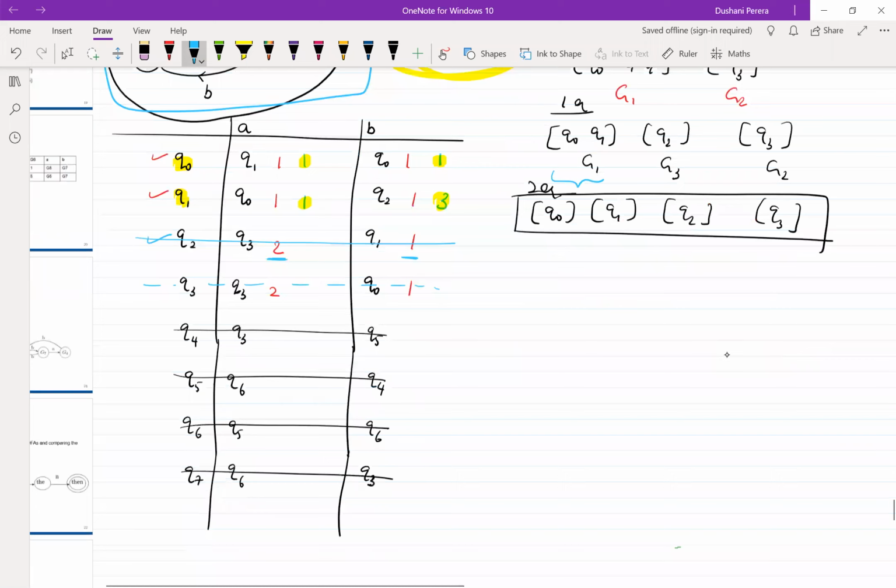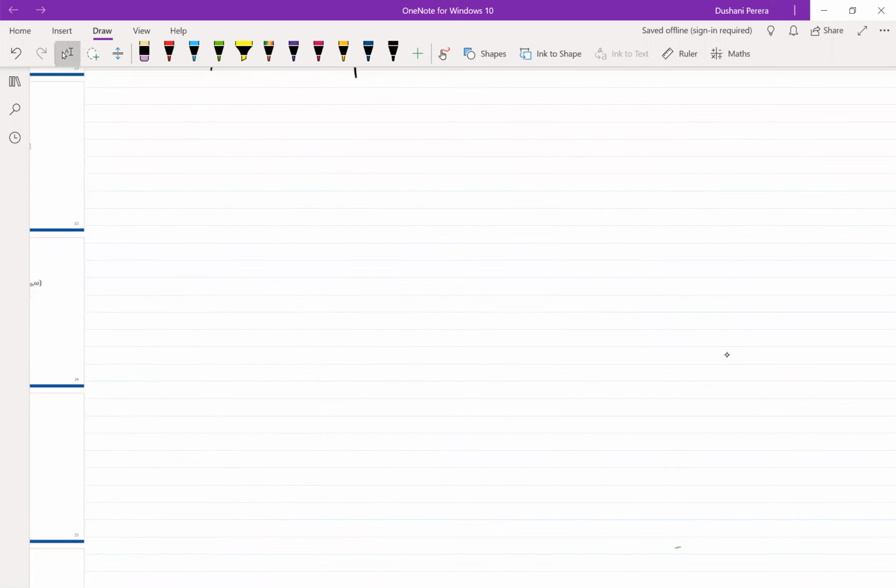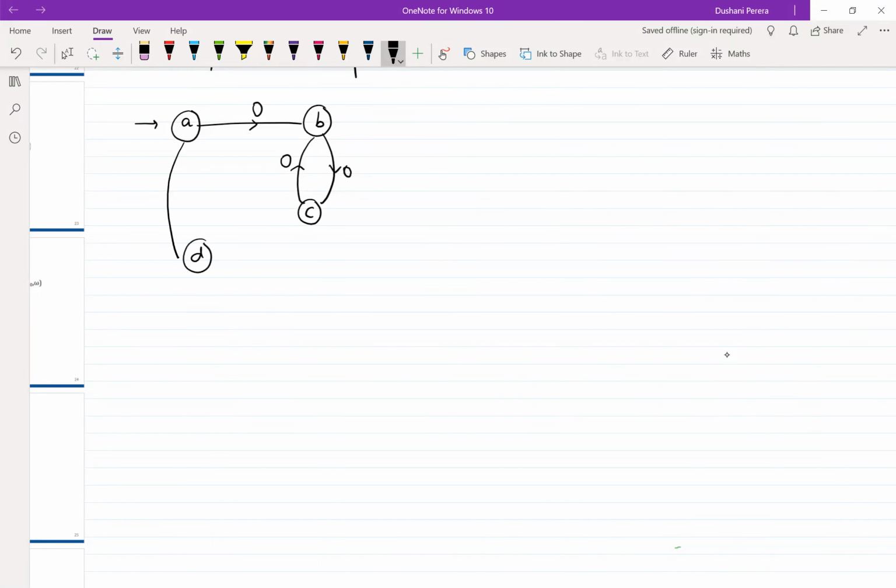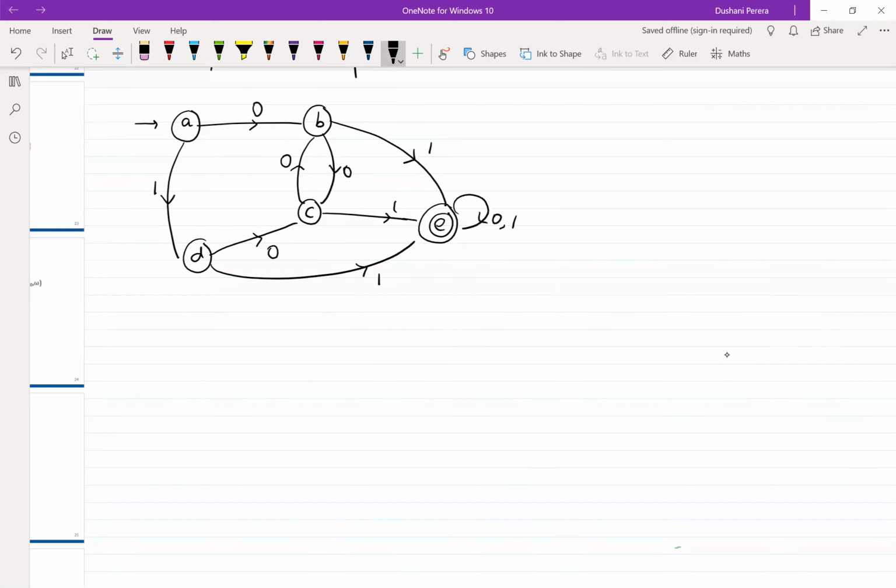Okay, let's see one more example before we go to the next section. This is the final example under this. So say you have A, B, C, D, E. Okay, this is what you have.